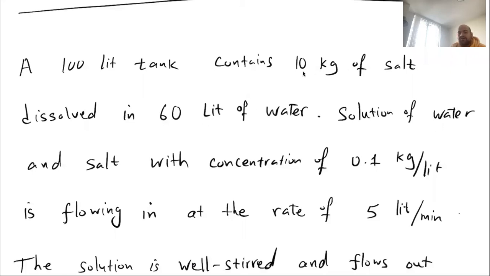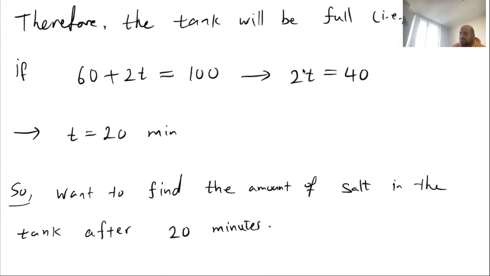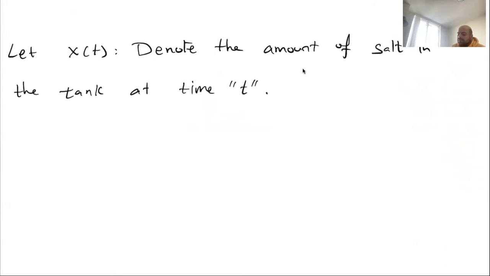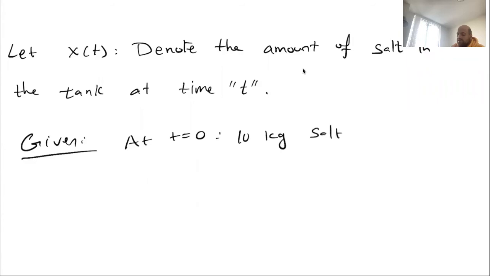So at t equals 0, the amount of salt is 10 kilogram. That's what is given to us. So given is that at t equals 0, 10 kilogram of salt in the tank. That means x of 0 is equal to 10 kilogram.